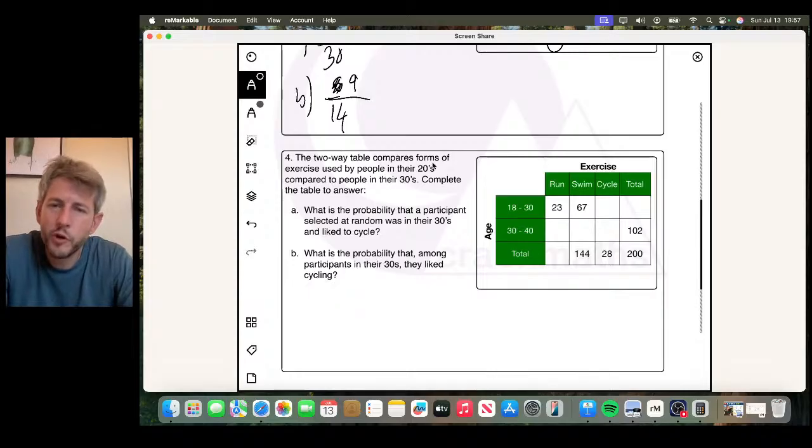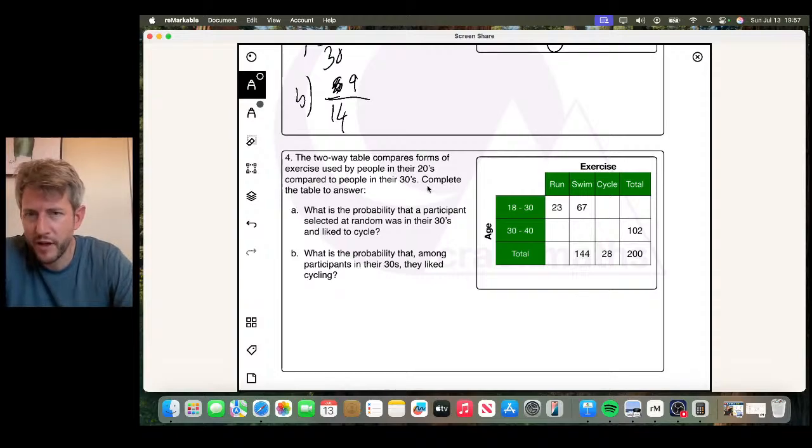The two-way table compares forms of exercise used by people in their 20s compared to people in their 30s. Complete the table to answer.